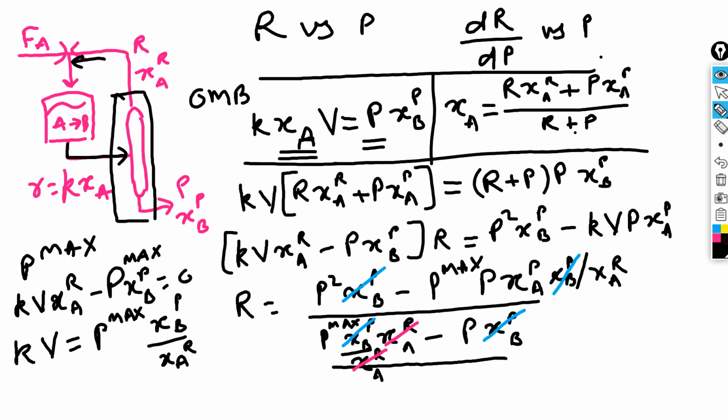Okay, so now what you're left with is, so if you try and simplify this, maybe I should just delete a few things here.